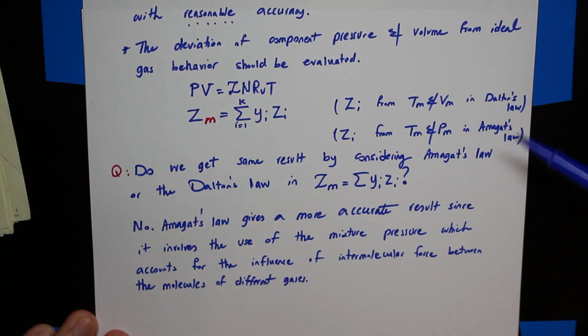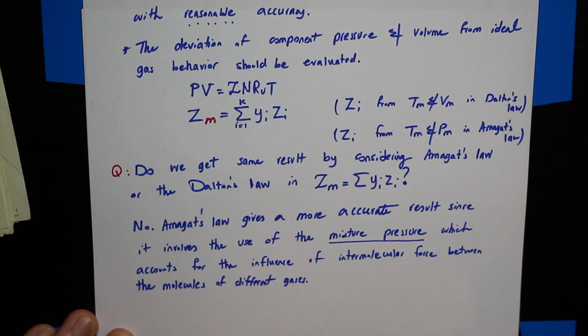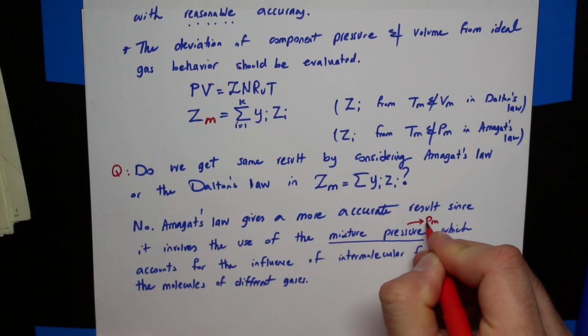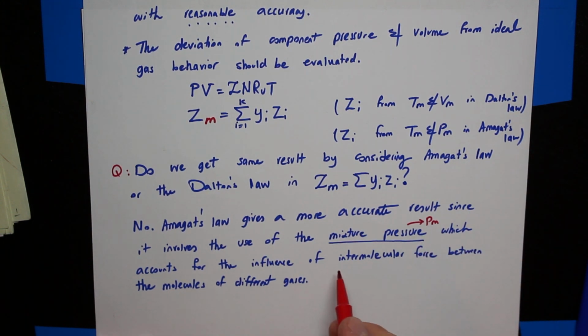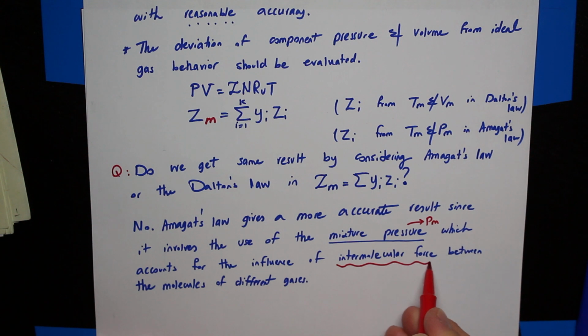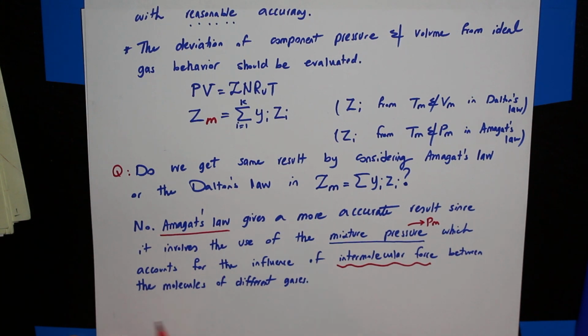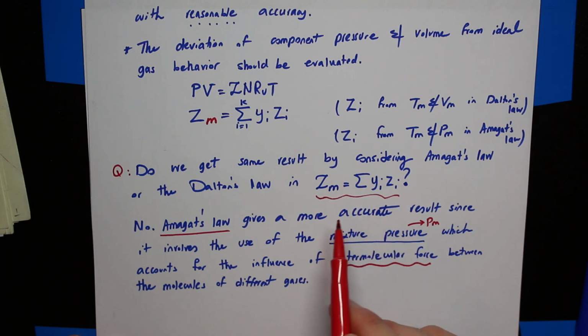So what we are doing in Amagat's law, we are evaluating the properties at the pressure of the mixture P_m. Because the properties are evaluated at P_m, the influence of the intermolecular forces between the molecules is also considered. Because of that, Amagat's law is more accurate when it comes to using this equation.